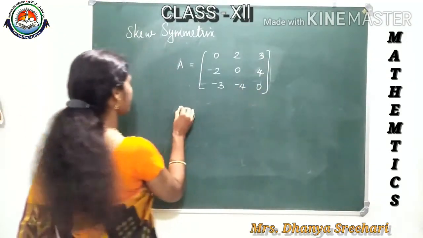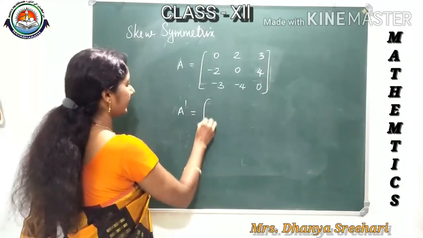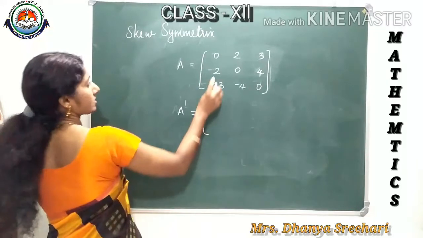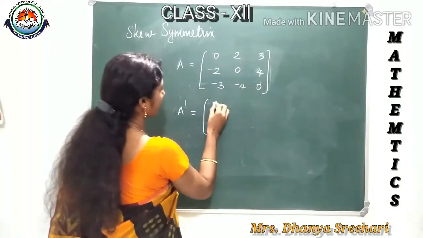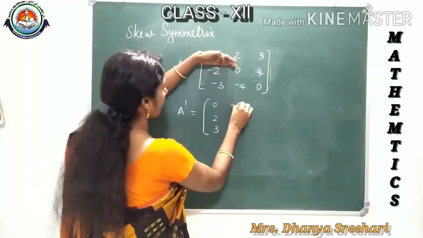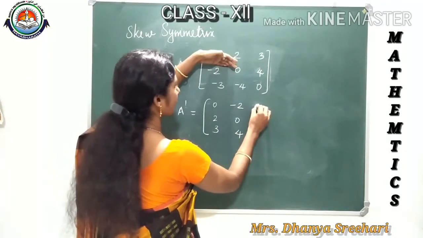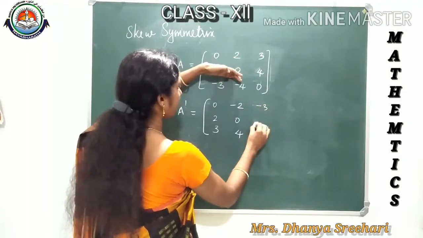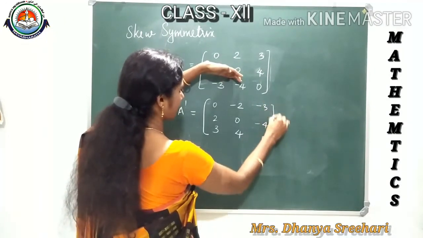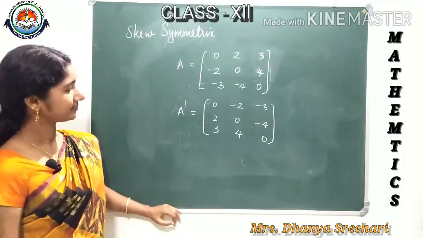What about this matrix? Its transpose, A transpose, is obtained by interchanging the rows and columns. So, first row I am going to write as 0, 2, 3. Second row is minus 2, 0, 4. And the third row is minus 3, minus 4, 0. See this matrix?